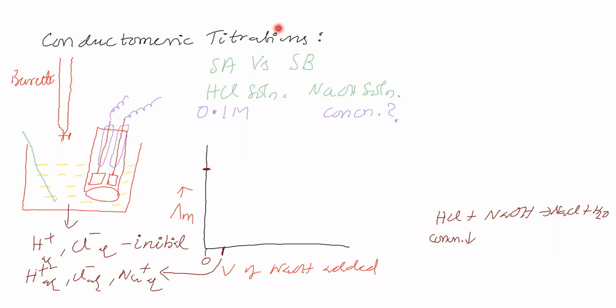Lambda m of solution at this condition is nothing but the sum of these three contributions. Now, do you feel that lambda m of the solution initially and at this condition are same or different? What do you say?